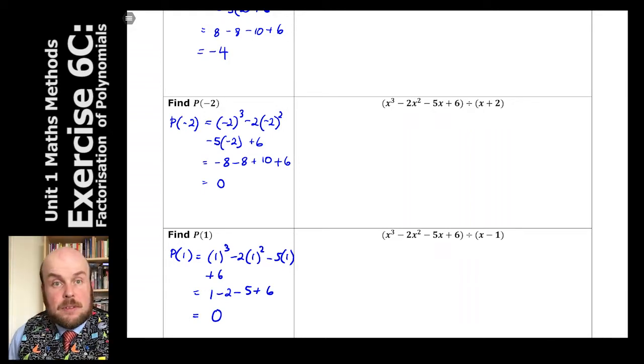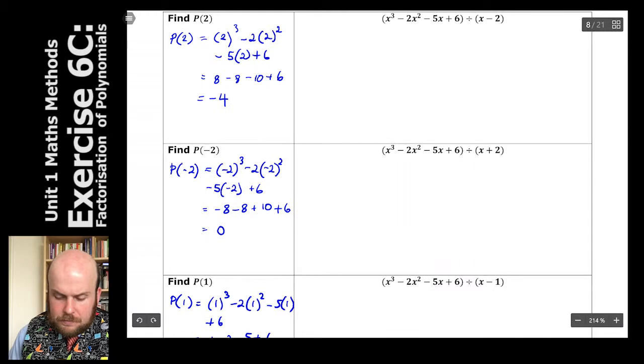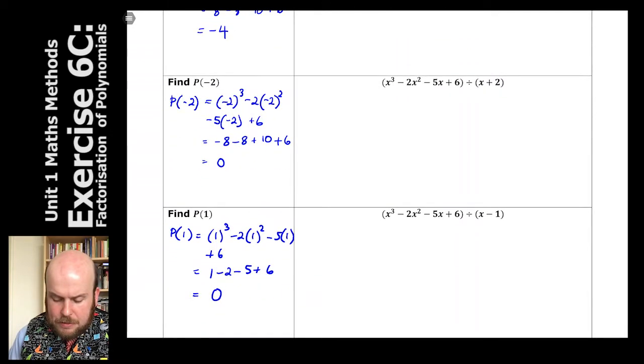So just something for us to remember there: if I replaced all the x's with a 2, we got the answer of negative 4. If we replaced all the x's with a negative 2, we got a 0. And if we replaced all the x's with the 1, we got a 0.